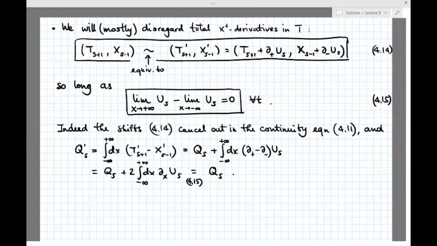So in practice, we will disregard total x plus derivatives in T, so long as the quantity that we're taking a total derivative of has the same finite limits at plus and minus infinity, because that has no bearing whatsoever on the conserved charge.